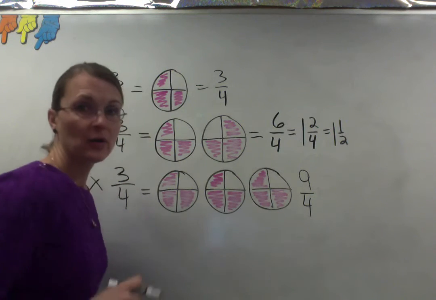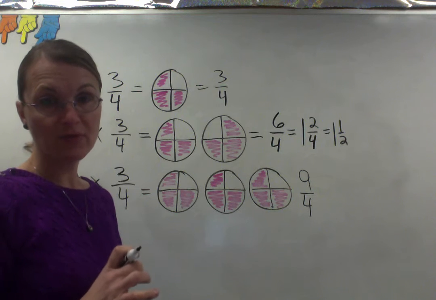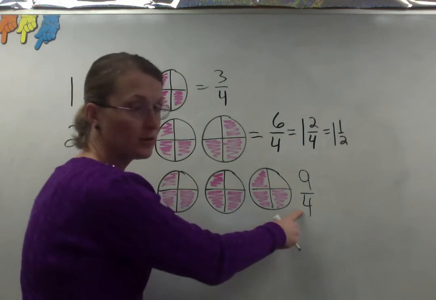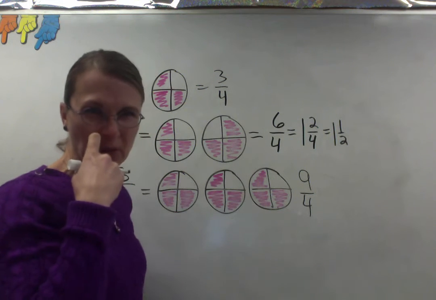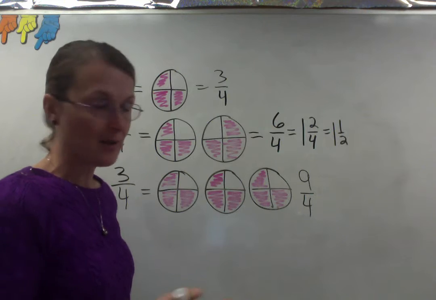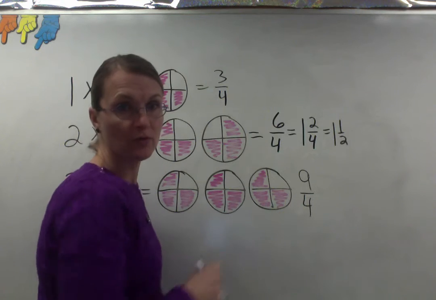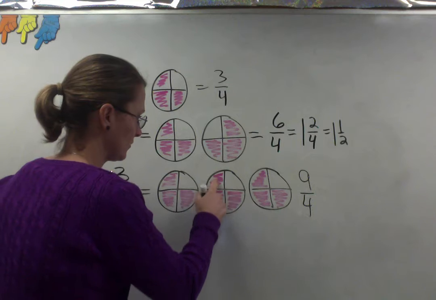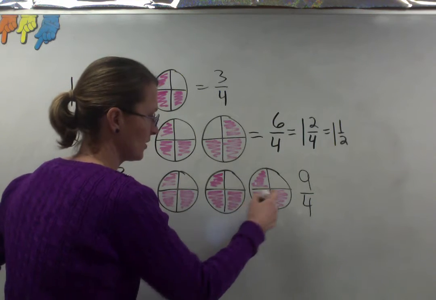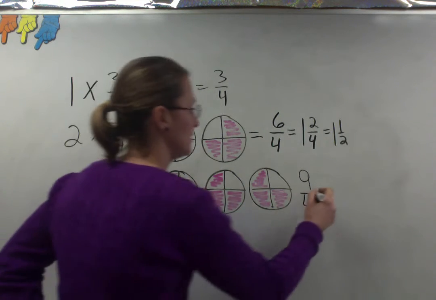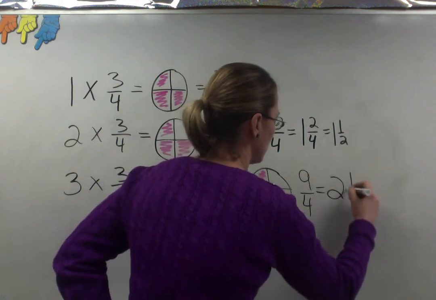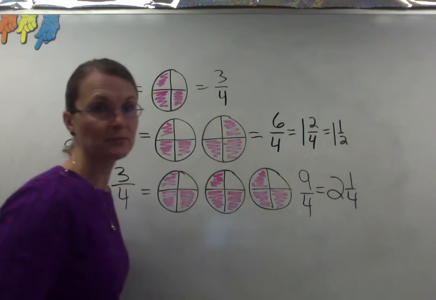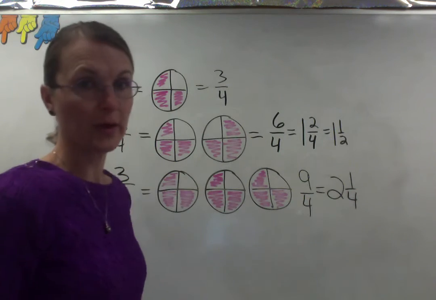So remember, when you're turning an improper fraction into a mixed number, you look at the denominator and you say, how many groups of the denominator can I make? Because every group of 4 is going to make 1. So 1, 2, 3, 4, that will make 1. 1, 2, 3, 4, that'll make 2, and you'll have 1/4 left over. So you're going to have 2 and 1/4, which is already in simplest form because the numerator is a 1.